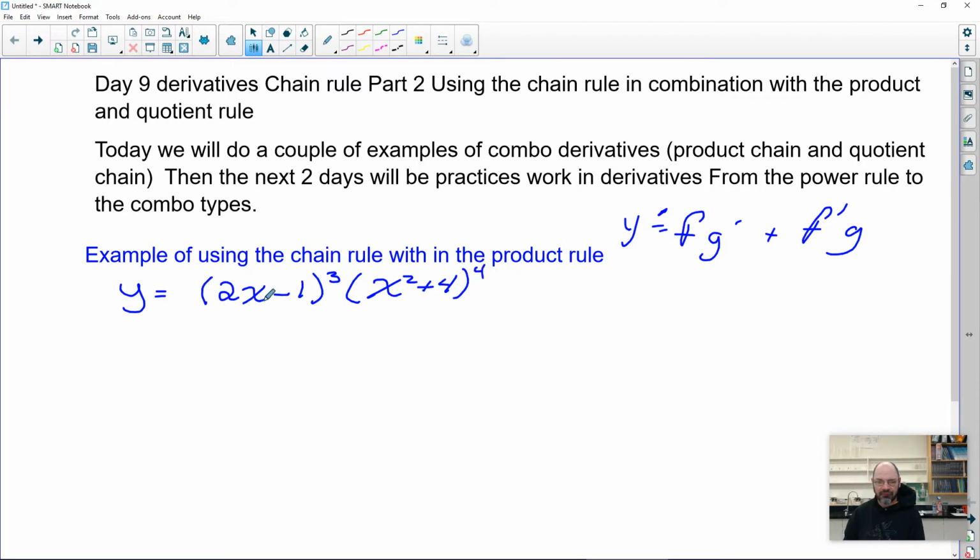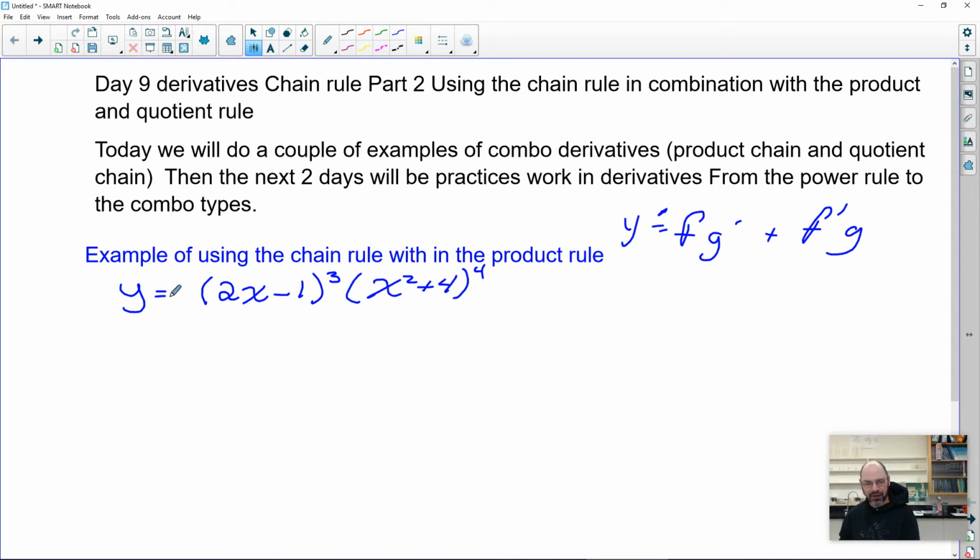So we see that we have an f and a g, and we also have the idea that these are raised to a power. We could expand the whole thing out and just get at it, but it's going to take a while to expand this out. So we could use the combination of the product rule along with the chain rule.